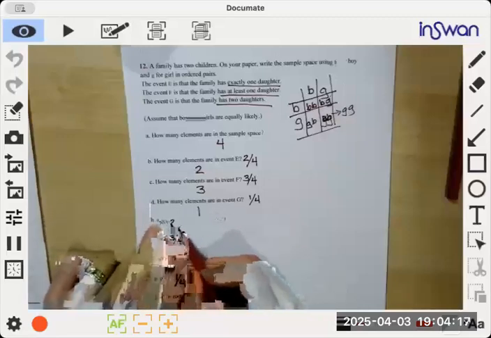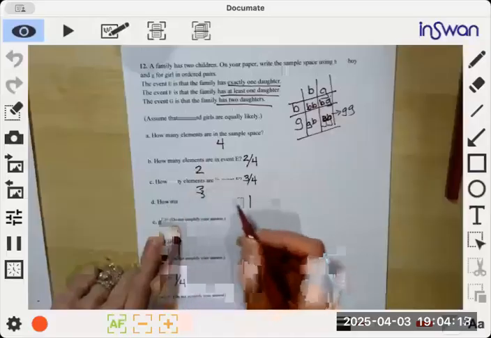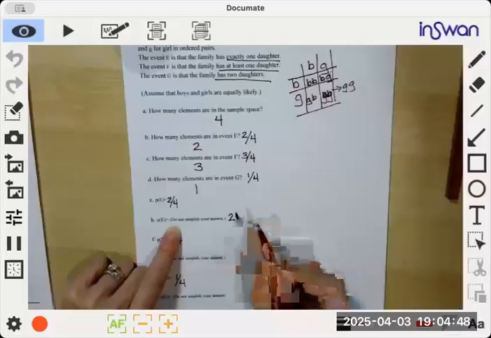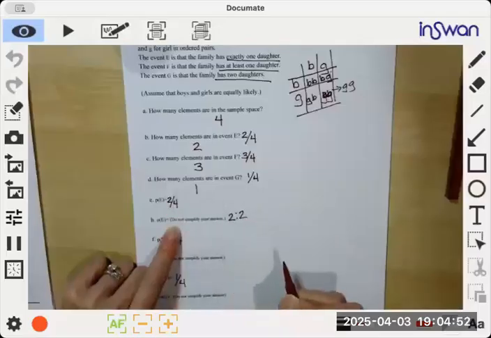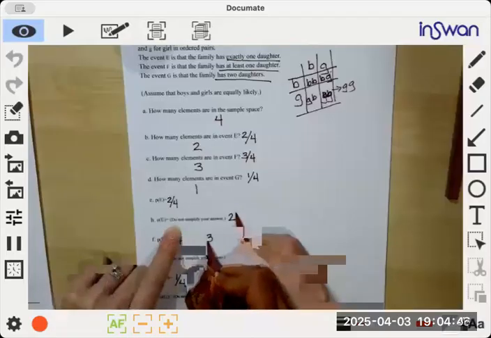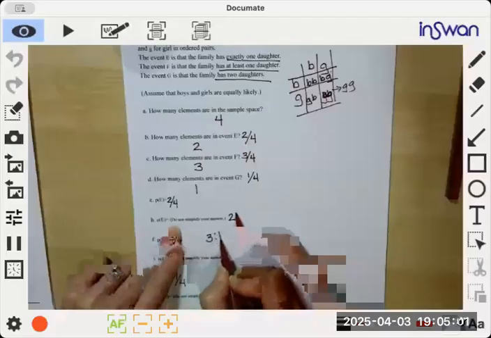All right, so the odds of E. So if there's 2 ways that it can happen, we're just going to take the 4 and subtract the 2. That's how many ways it cannot happen. So 3 ways it can happen out of 4, so that leaves 1 more.